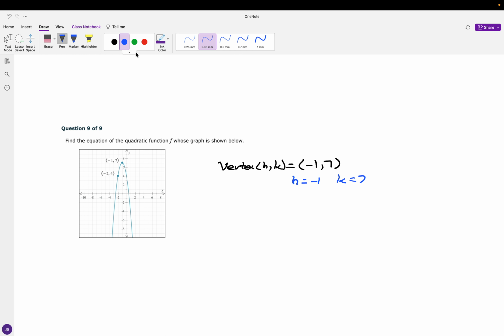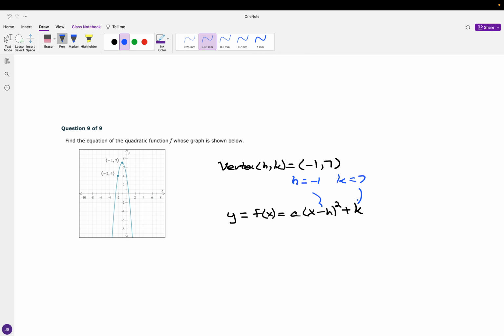Setting the stage, we have y is equal to f of x is equal to a times the square of x minus h, followed by the addition of k, and then substituting negative 1 for h and 7 for k.